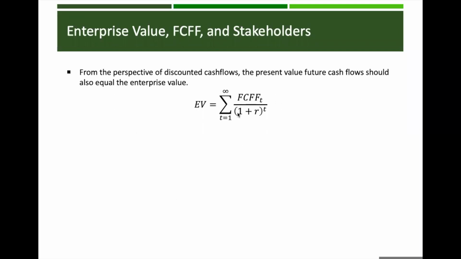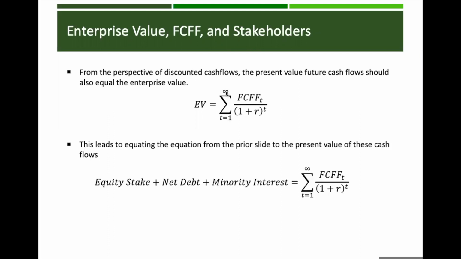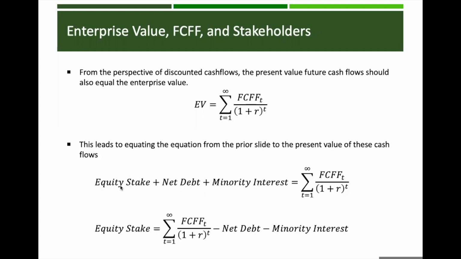And so for this, we have free cash flows to the firm at time t, discounted by 1 plus r to the power t. And we go from 1, so 1 year ahead, to forever, infinity. We simply equate those two sides. And then we solve for the equity stake.